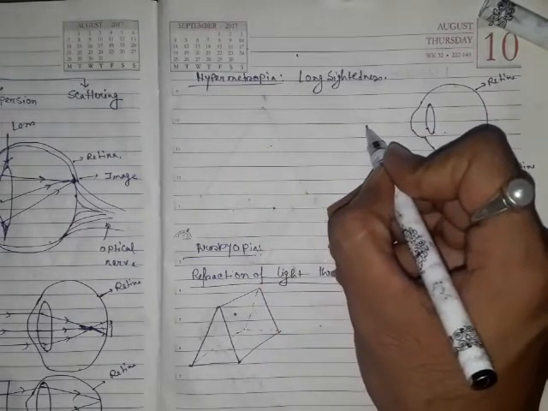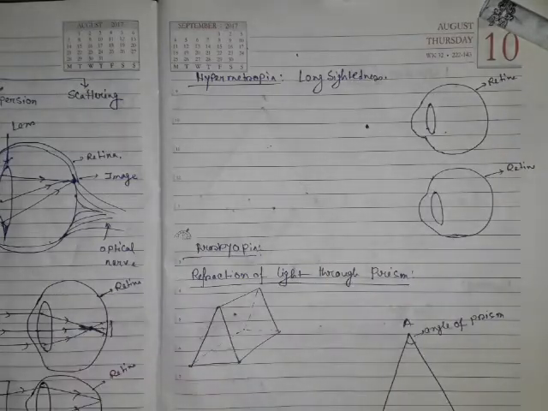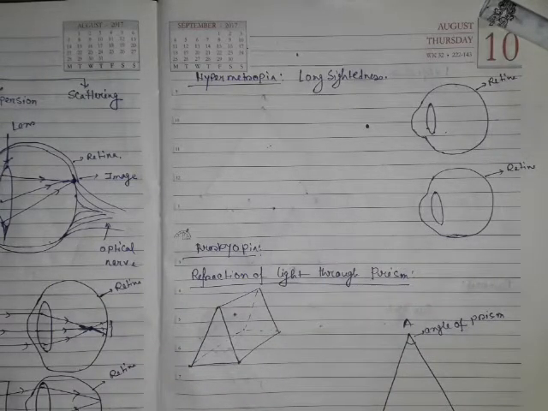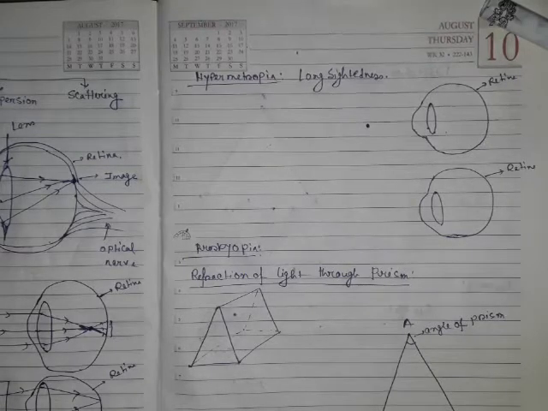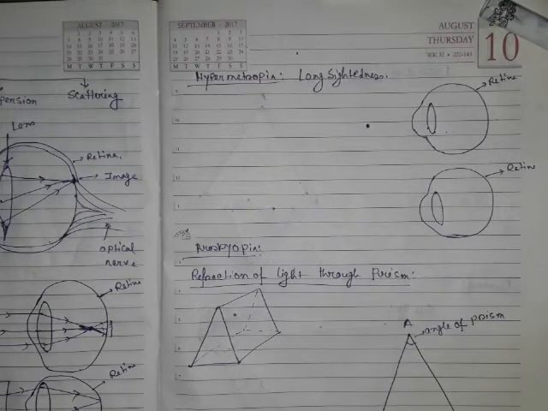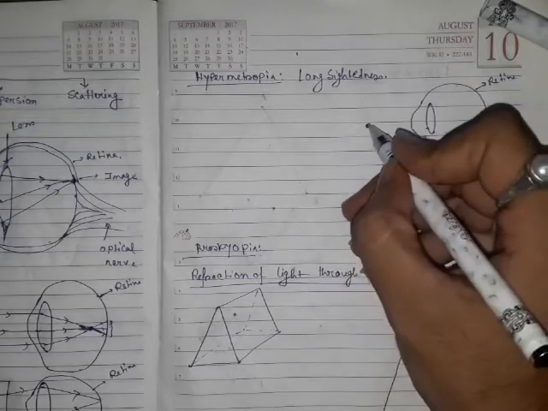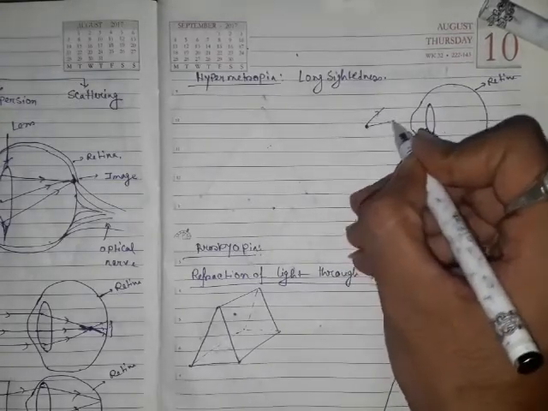What happens in the hypermetropia condition? When an object is placed very close to the human eye, we always know that for a closer object, or an object at a finite distance, the rays of light that come from the object are always diverging rays.